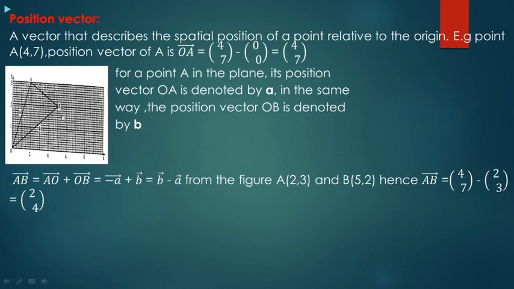And therefore AB is the coordinate of B minus the coordinate of A in column form. So AB will be (4, 7) minus (2, 3), which gives you (2, 4). That's vector AB, the vector (2, 4).